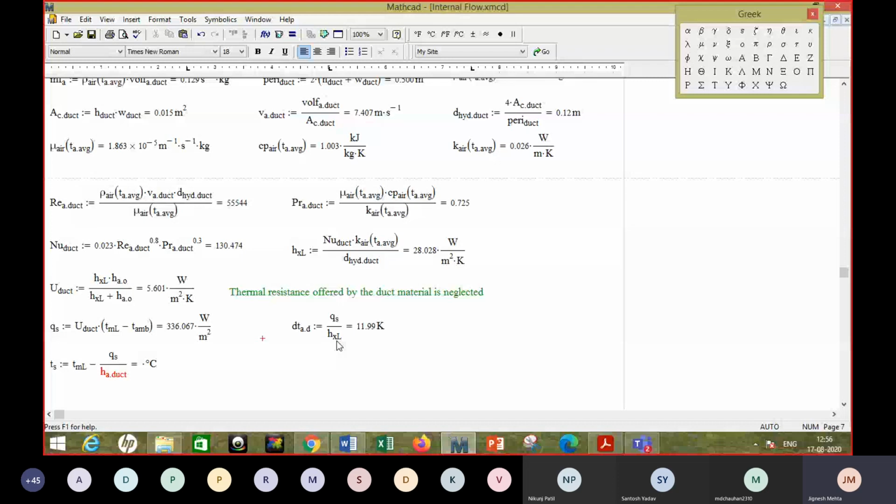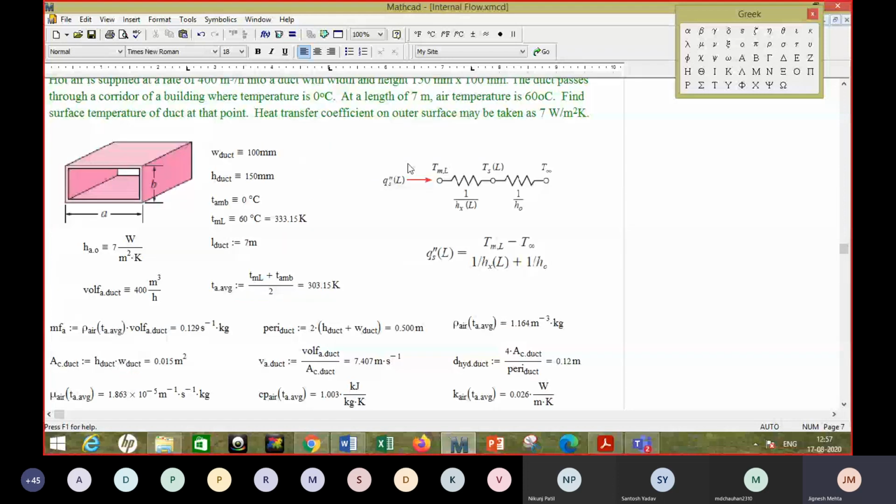So what you do is, your delta T across the duct would be Q_S upon h_XL. What I am saying is, you are interested in this temperature, T_S, so you consider only this part. The current, the heat flux, is still going to remain the same. So you can use the same heat flux, and the temperature difference between the surface and the fluid is to be found. Only this resistance is required for that.